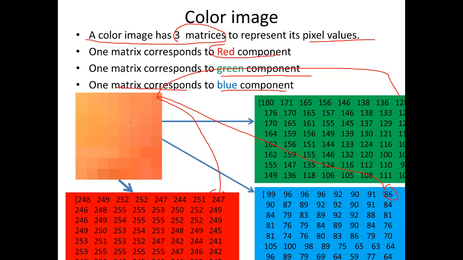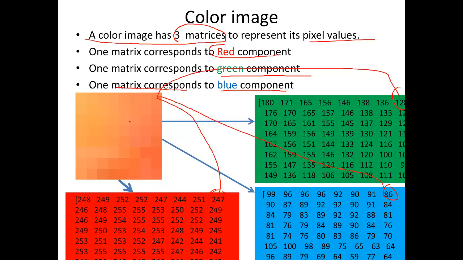When you show on the screen, in fact, the color showed for this pixel is combined from the red component and also the green component and the blue component. That's three basic colors. Then we'll show the color of this pixel. For other pixels, the same.